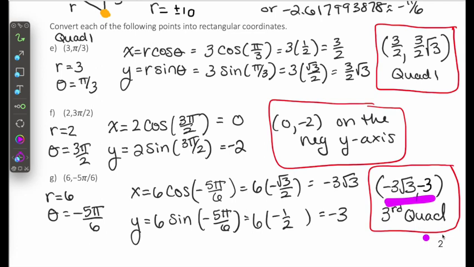And that definitely falls in the third quadrant. And so when I imagine that I open up in the negative direction, -5 pi over 6, that's 1 pi over 6 shy of pi when I open in the negative direction. So that will land me in the third quadrant. So visually, when I think about what it looks like on the grid, it's going to fall in the third quadrant. So this is good.